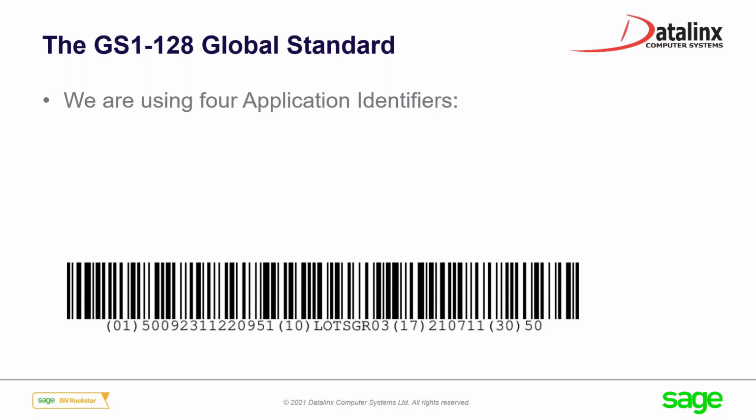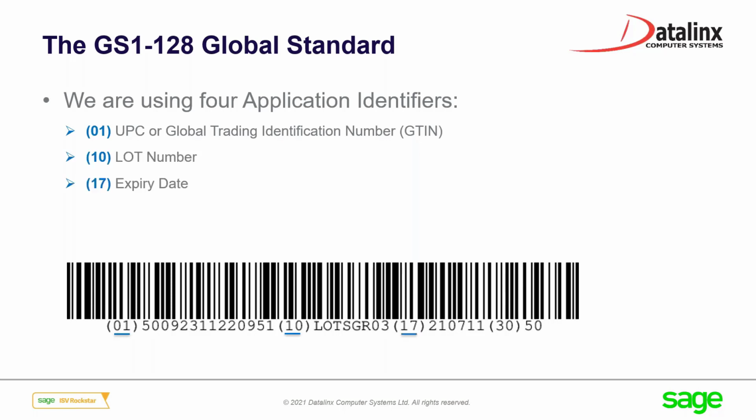So the 4 application identifiers that we're going to use are UPC, or Global Trading Identification Number, often referred to as the GTIN, the lot number, expiry date, and you may notice actually that this is in reverse format of year, month, and day, and of course the stock quantity.